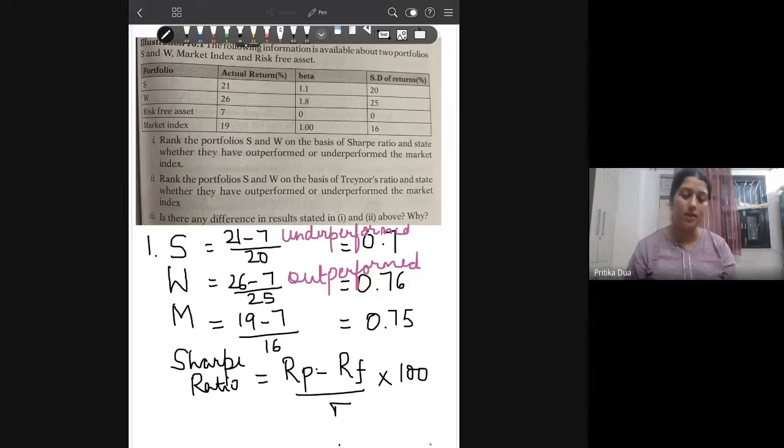We start calculating RP minus RF upon the systematic risk, beta.